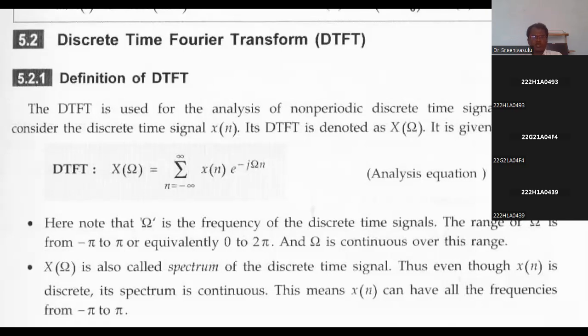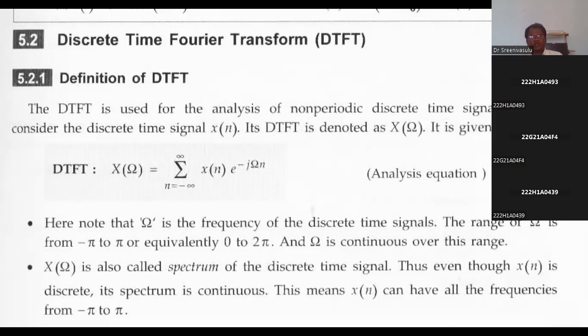What is the difference between a continuous time signal and a discrete time signal? If we take a continuous time signal, at any instant of time we get the corresponding amplitude. But when we come to a discrete time sequence, it is discretized by using the sampling theorem.